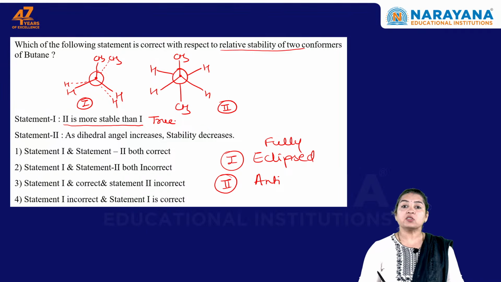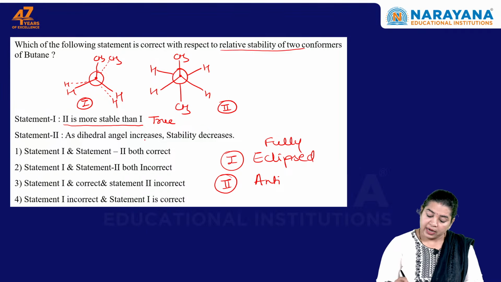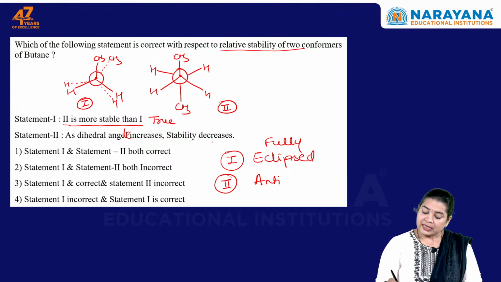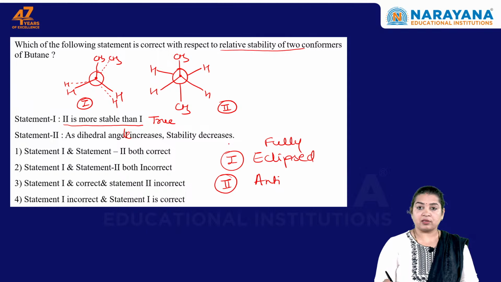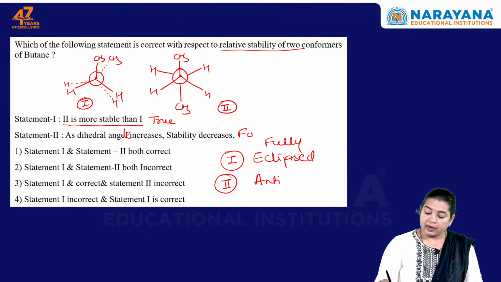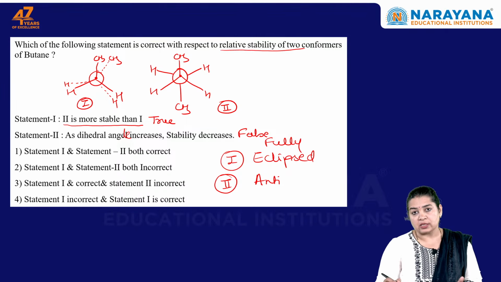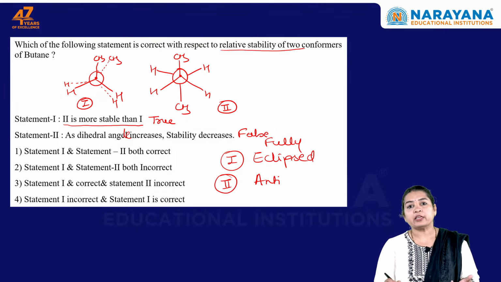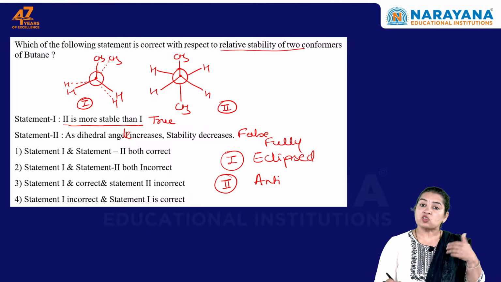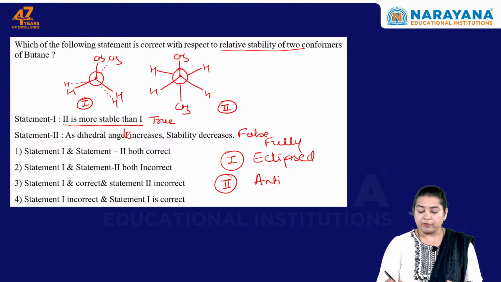This statement is correct. Statement 2 says as dihedral angle increases, stability decreases. That is untrue, that is false, because as the dihedral angle increases, the repulsion between the bulky groups decreases, stabilizing the particular conformer.